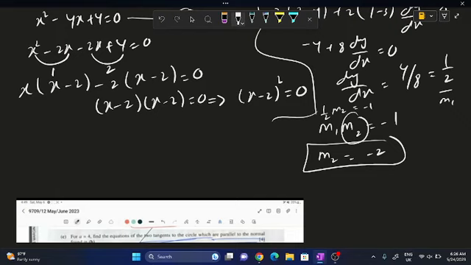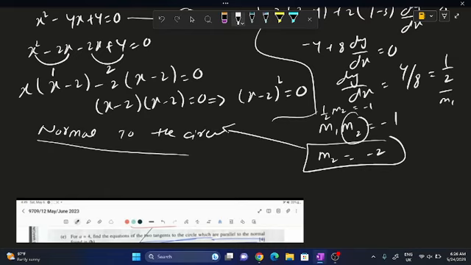Use the main equation for the normal to the circle. I have written over here the normal to the circle equation, that was y minus y1, where y1 is 7, which is equal to the slope, which is minus 2, times x minus x1, that is x minus 2, because the x1 value is 2 over here.